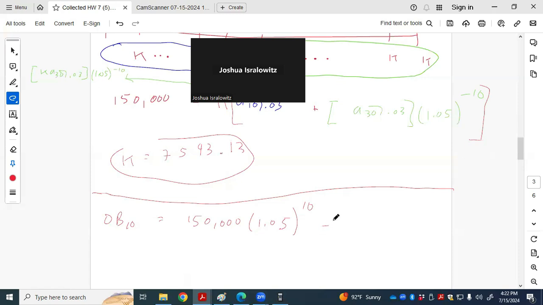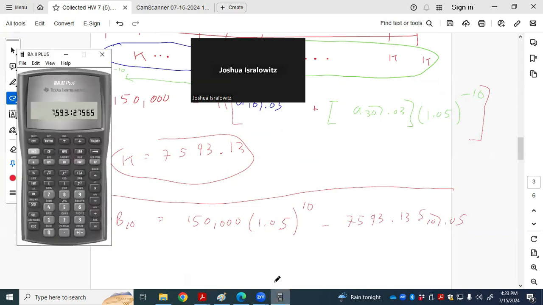Then subtract off the time value of your payments after 10 years. So the payments are the 7,593.13 times s10 at 5%. So it's the time value of the loan amount minus the time value of your payments. That is exactly how much you owe. That makes perfect intuitive sense, and it's easy to remember in that sense.